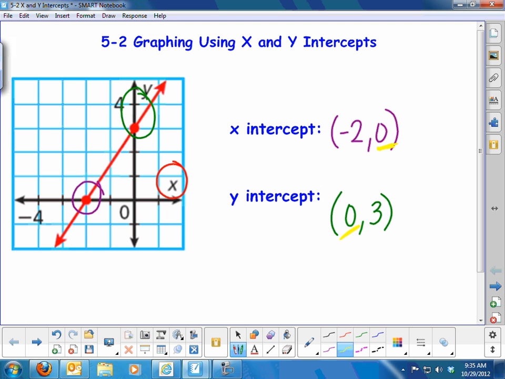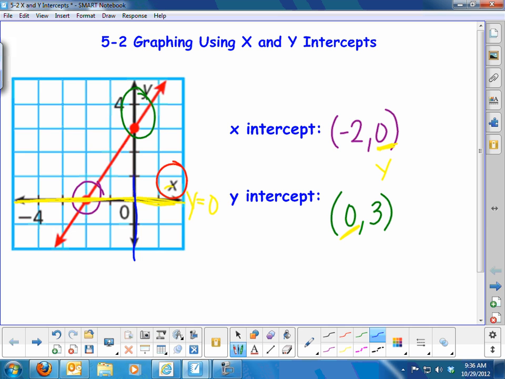Well, let's think. If I'm looking at where my graph crosses the x-axis, what is my y value right here? What does y equal on that x-axis? Y equals 0 right there. So doesn't it make sense that my y value is 0? Let's look at the y-axis.